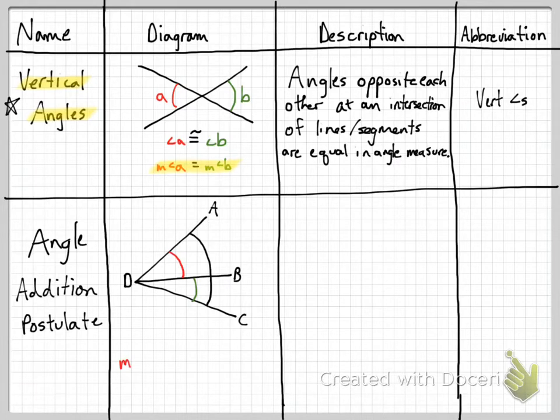So the measure of angle ADB plus the measure of angle BDC is going to be equal to the measure of angle ADC.